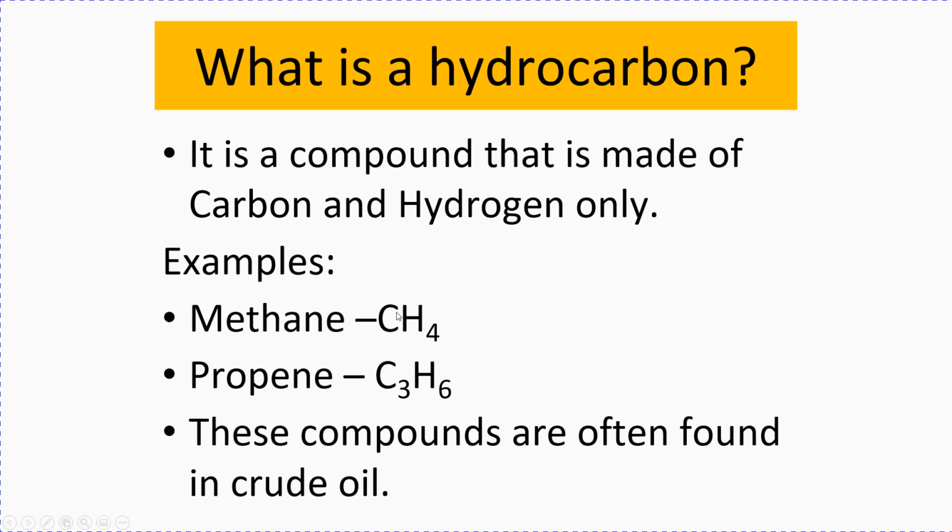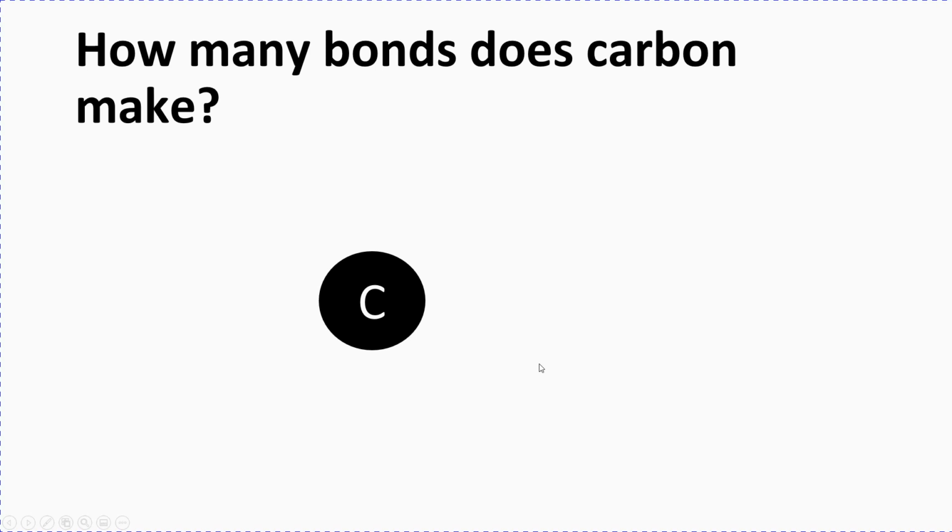So methane, which is the gas that we burn at school, in the gas taps, has got 1 carbon and 4 hydrogens, and that 4 is important, because if you look at carbon in the periodic table, it's in group 4, and that means that it can form 4 bonds. Okay, so carbon can form 4 bonds, and it does that by sharing electrons, so it forms covalent bonds.